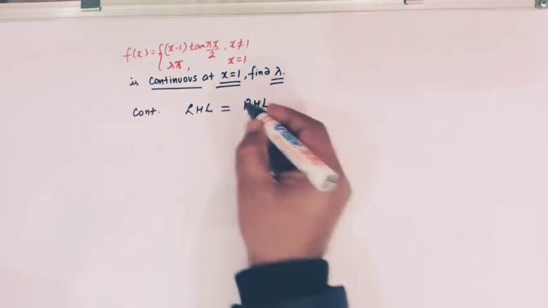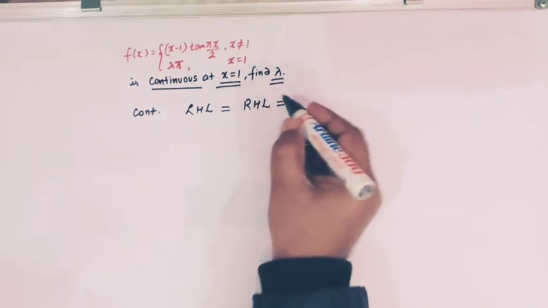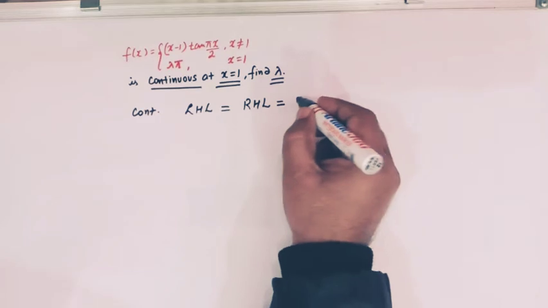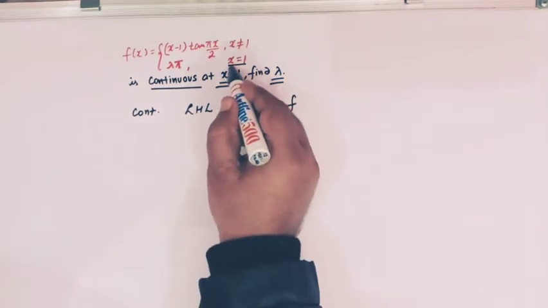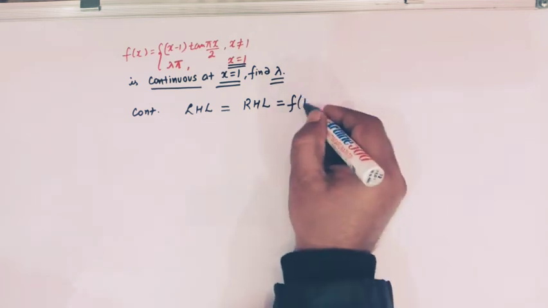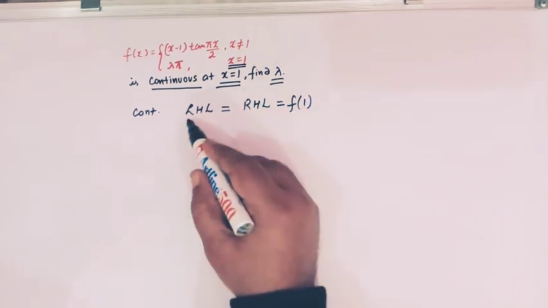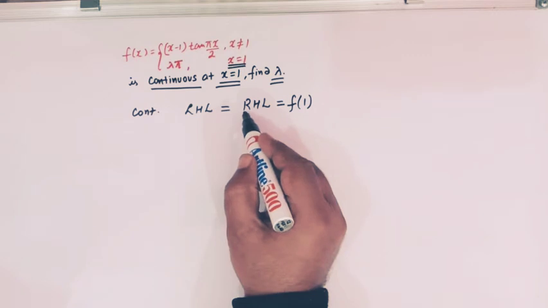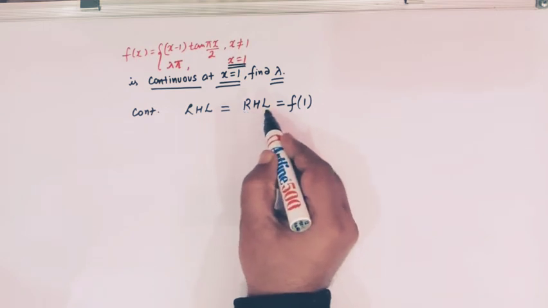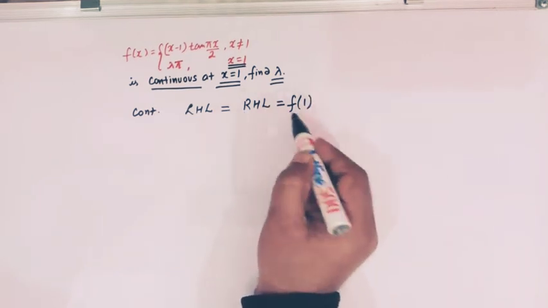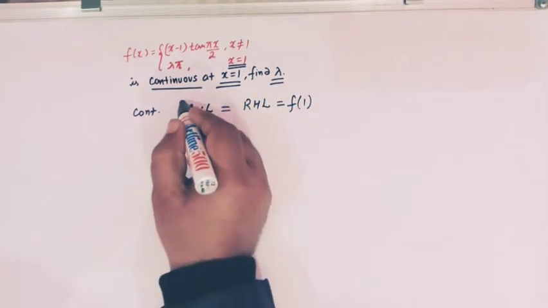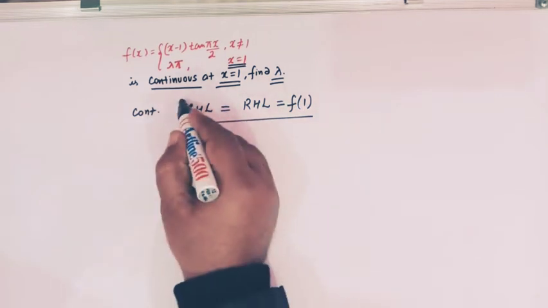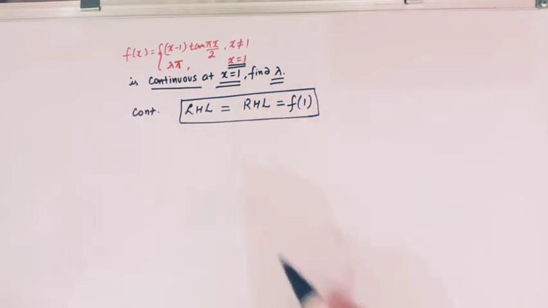Moreover, these two limits are equal to the value of the function at that given point. So LHL, the left hand limit, should be equal to RHL, the right hand limit, which is equal to the value of the function at x = 1. This is the condition for continuity of a function at a given point.